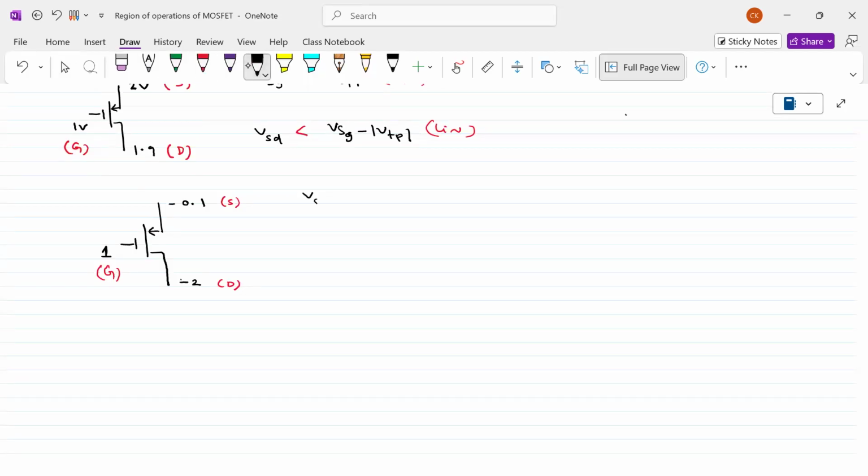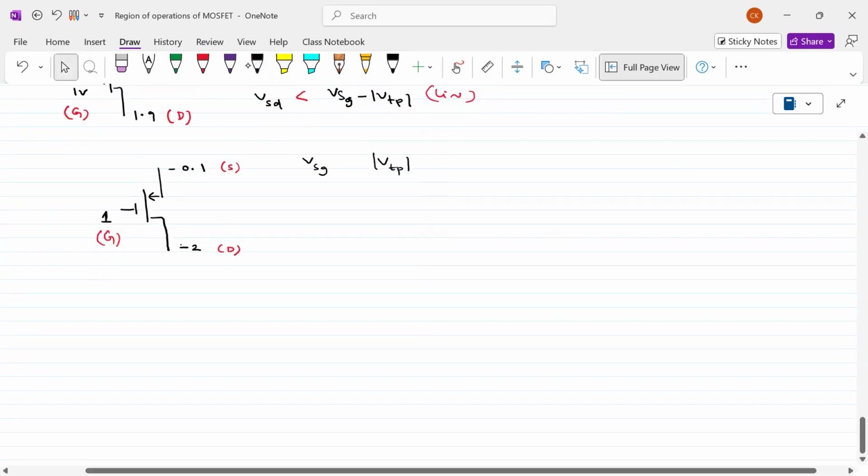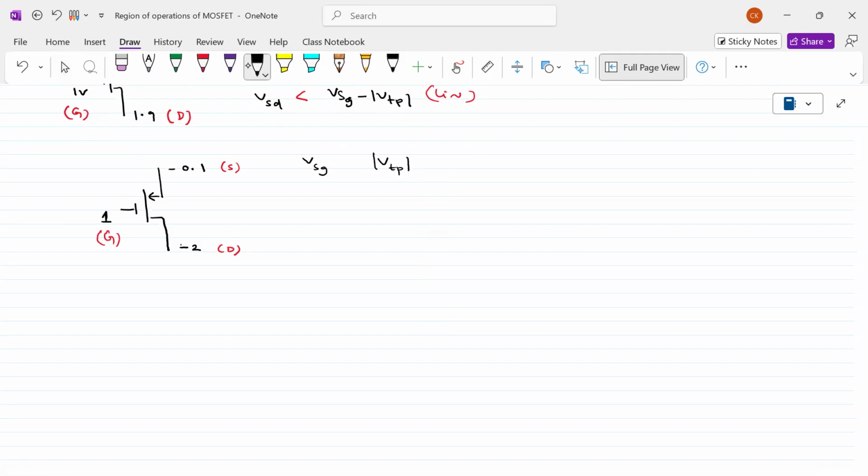What is the VSG and the VTP magnitude? Tell me these two cases whether it is correct or not.